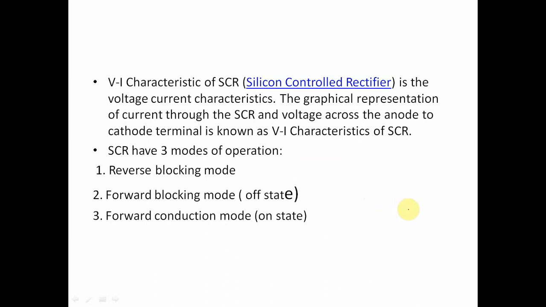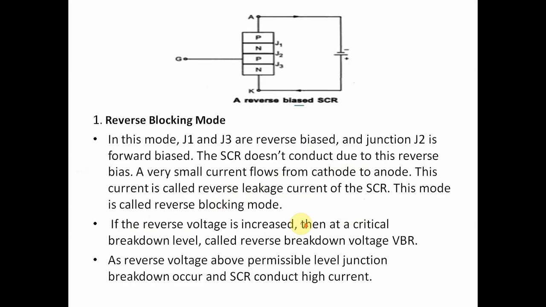SCR has three modes of operation. First is the reverse blocking mode. Second is the forward blocking mode, in which the SCR is in off state. And the third is the forward conduction mode, in which the SCR is in on state.